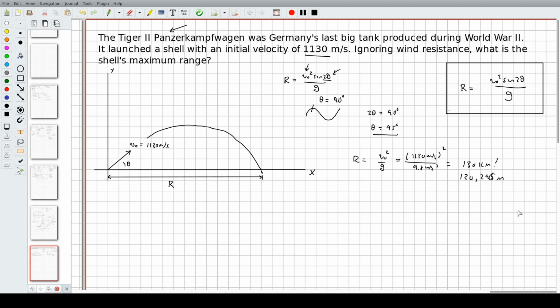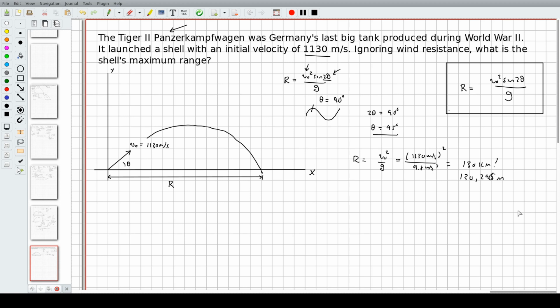In fact, if you look this thing up, Tiger 2 Panzer Kampfwagen, let's see here. All right.